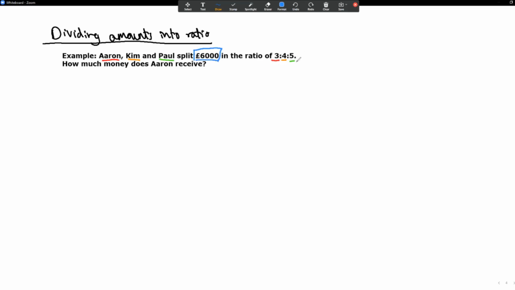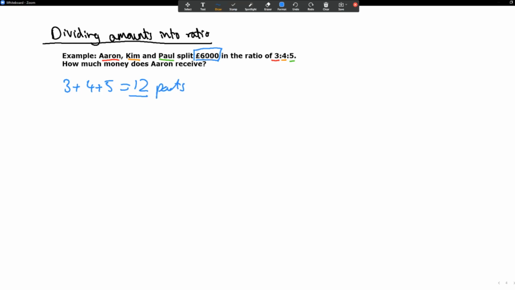So if we find the total number of parts and scale that, we'll be able to find out how much each receives. So let's find the total amount of parts. We get 3 plus 4 plus 5, because that's the total, and then we get 12. Okay, so that's 12 parts in total.